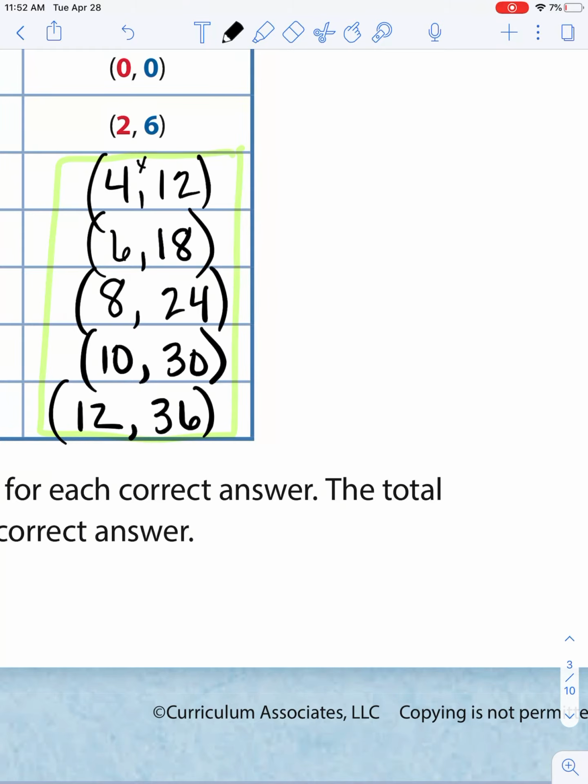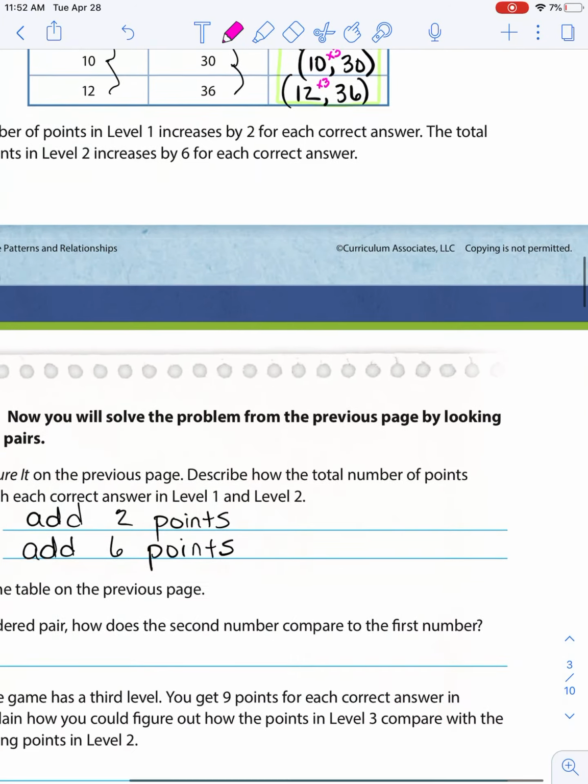So let's see. If I multiply, let me switch colors here. If I multiply 4 times 3, I get 12. Does that work for the others? 6 times 3, 8 times 3, 10 times 3, 12 times 3. So guess what?